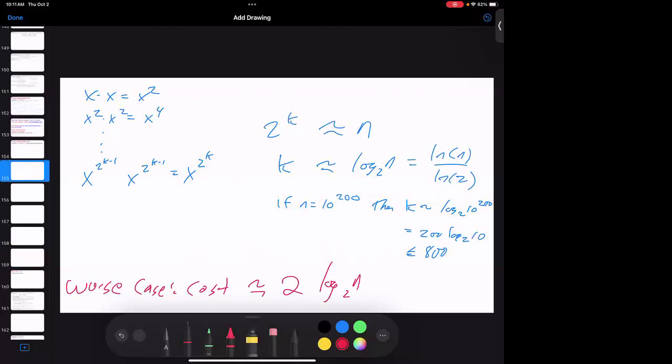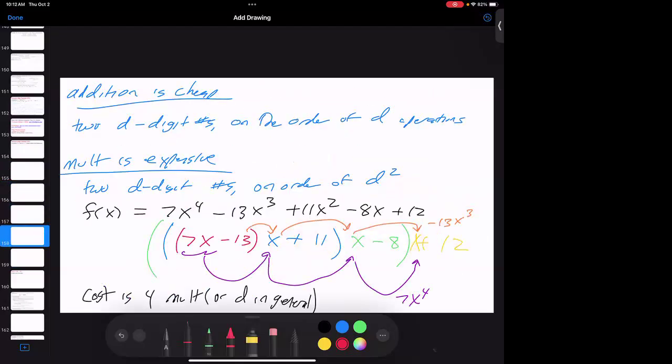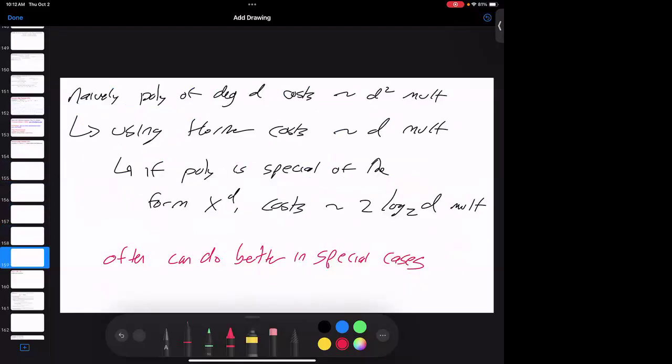So the first thing we did, the naive rule, was order d squared. By being a little bit clever, using Horner's algorithm, we got it down to order d, which is great. But it's not good enough for our applications to RSA. We need something that's much faster. Something of size 10 to the 200 is useless.